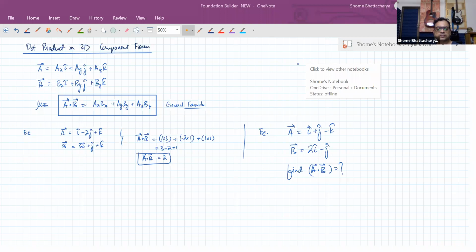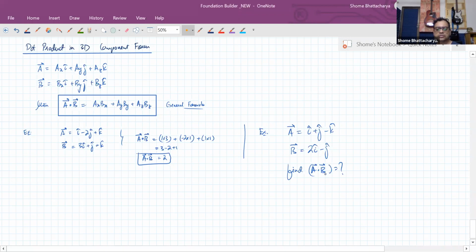This is correct, no? Okay, this one is 0. Let me check. No, this one will give you 1, no? Yeah, that's correct. So here E dot B should be 1. It's 1 into 2 plus 1 into minus 1 plus minus 1 into 0. This doesn't have a k cap component. So it's 2 minus 1 plus 0. That's 1.